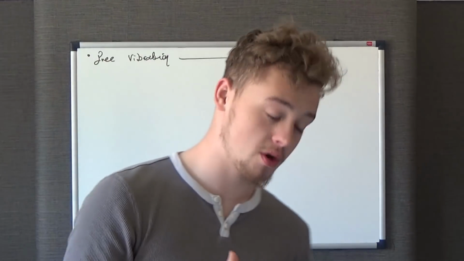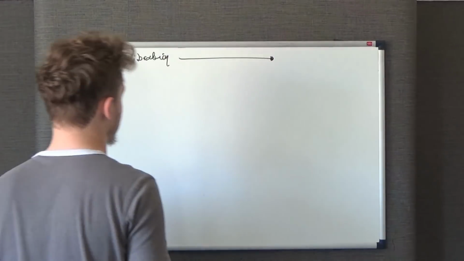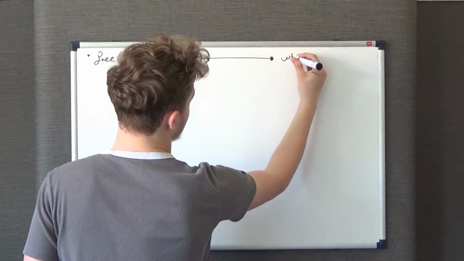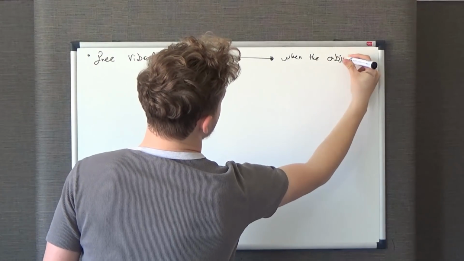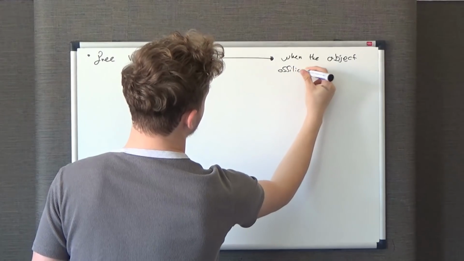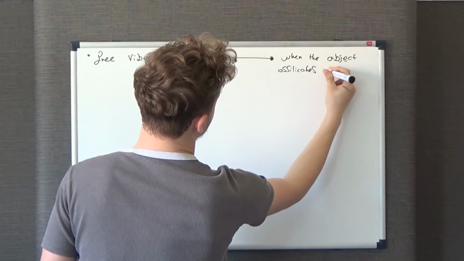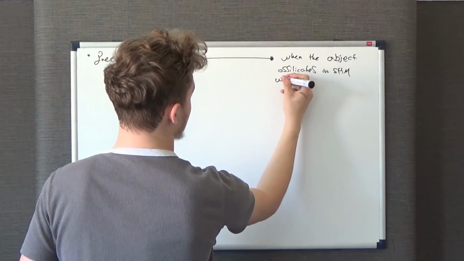A free vibration is simply when the object oscillates in SHM with its natural frequency.